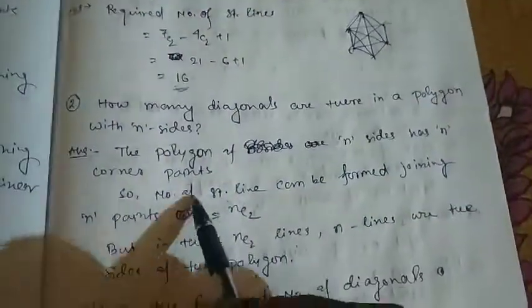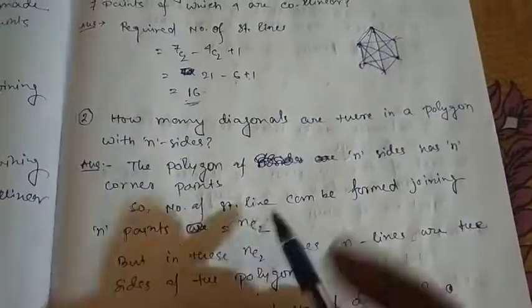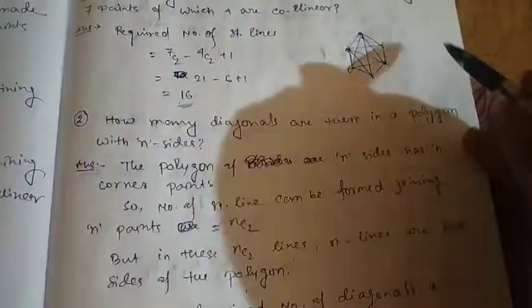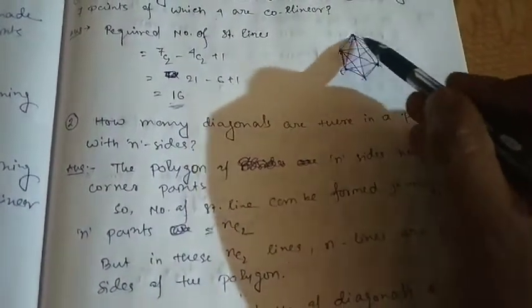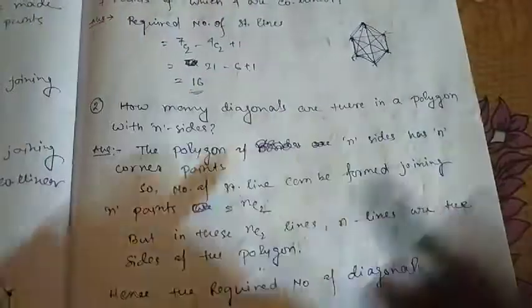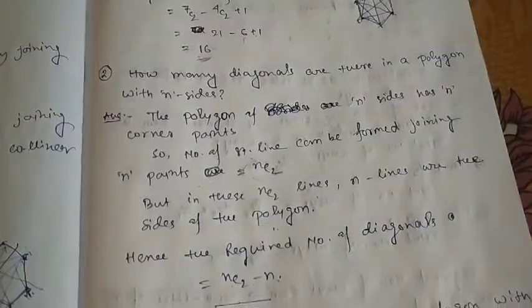So these straight lines are also included. Here the number of straight lines is nC2, but this nC2 contains the number of sides of the polygon also. As we have to find the number of diagonals, the number of sides has to be subtracted from this nC2.